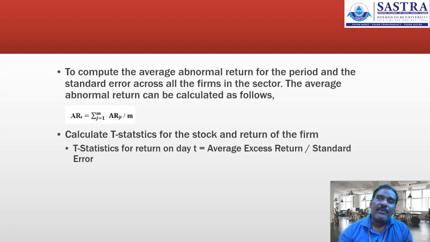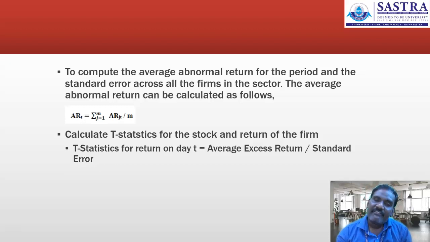And you can estimate the t statistics. Before estimating the t statistics, you need to understand what the standard error is. The standard error is calculated based on the abnormal return. What is the standard deviation? Based on the standard deviation and the variance, the standard error is estimated, and you divide the average excess return by the standard error.